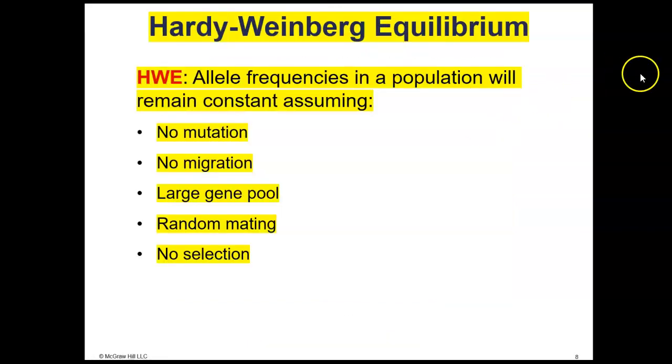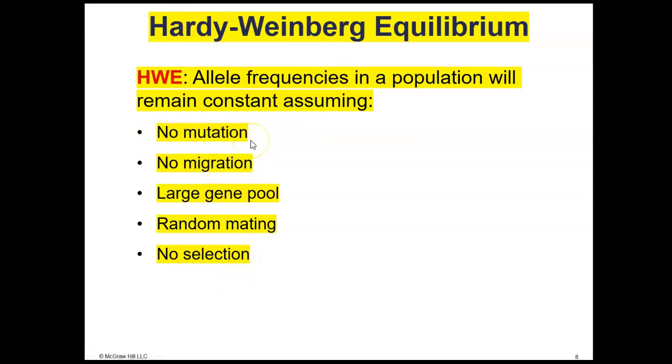Okay, for Hardy-Weinberg equilibrium to be true, that means that the frequencies will remain constant, and you should understand that this hardly ever happens, because the environment is constantly changing. There are constantly mutations. But if a population has reached Hardy-Weinberg equilibrium, then these 5 things must be true.